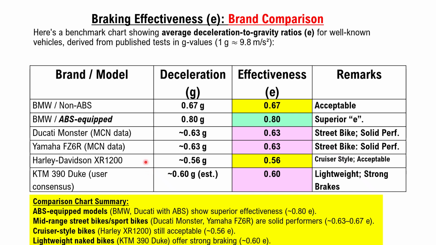Harley Davidson, a cruiser style motorbike, has a braking effectiveness value of 0.56, which is acceptable. KTM 300 Duke has a braking effectiveness value of 0.60. It is a lightweight motorbike and has strong brakes.